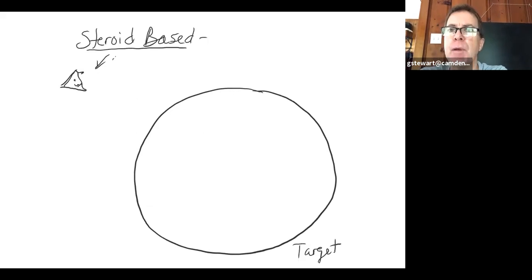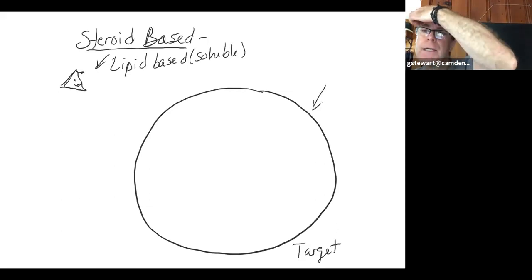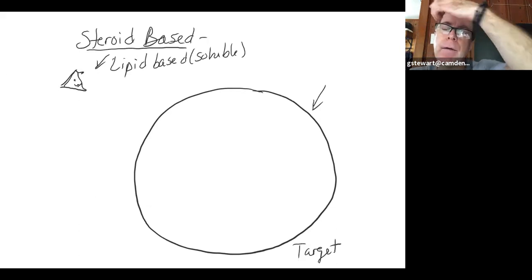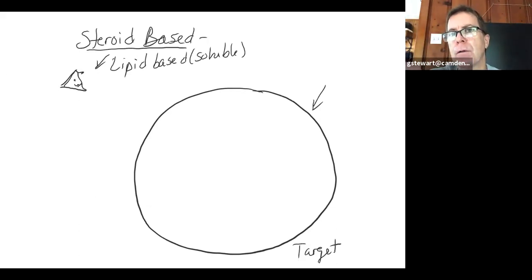But it is lipid-based, not water-soluble, but lipid-soluble. And because the plasma membrane of our cells has that lipid bilayer, things that are lipid-based or lipid-soluble, guess what? They can slide right through this membrane. So they can enter the cell directly.